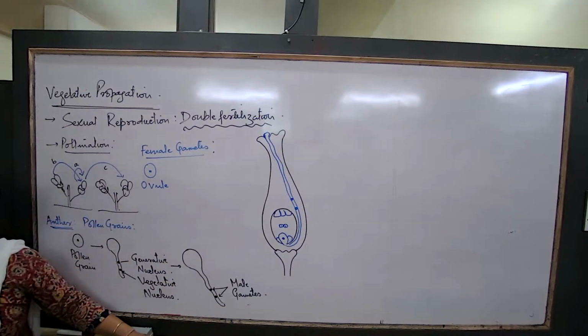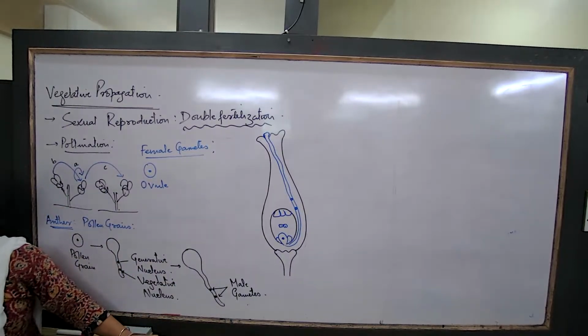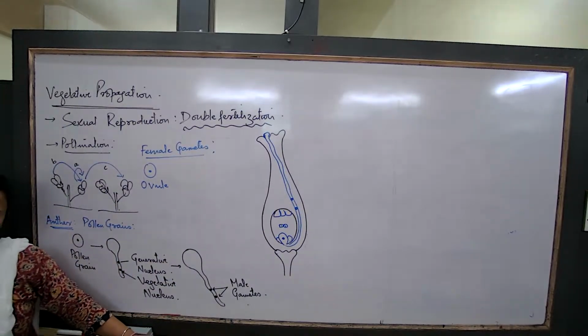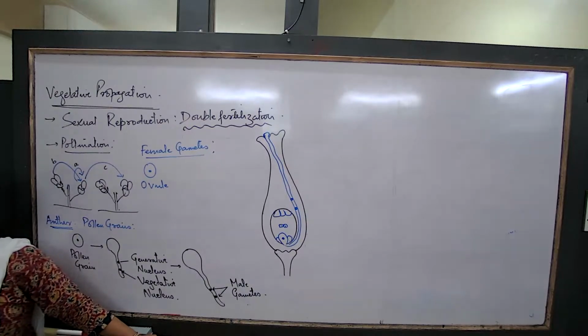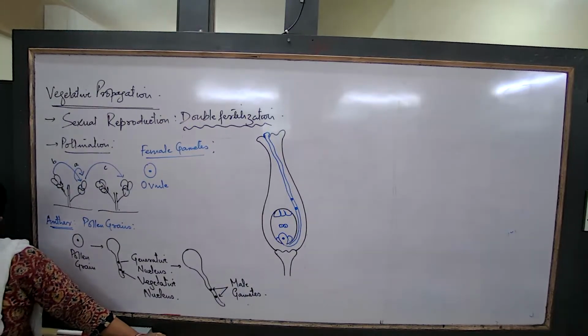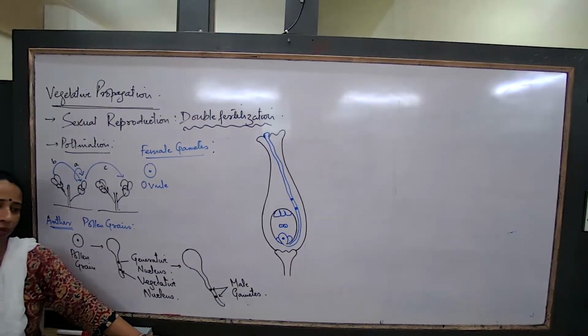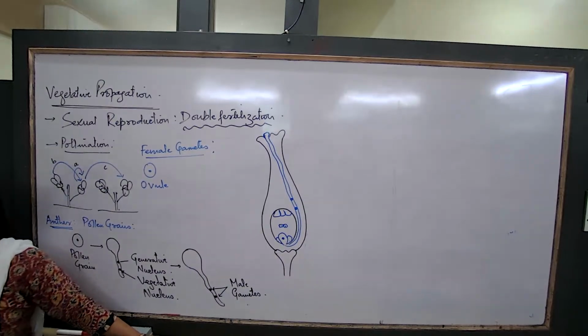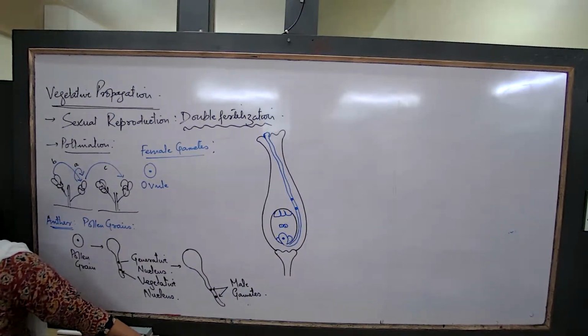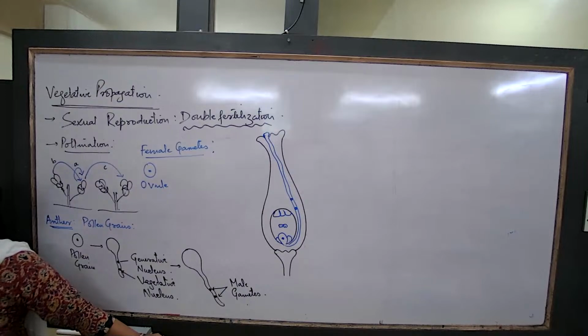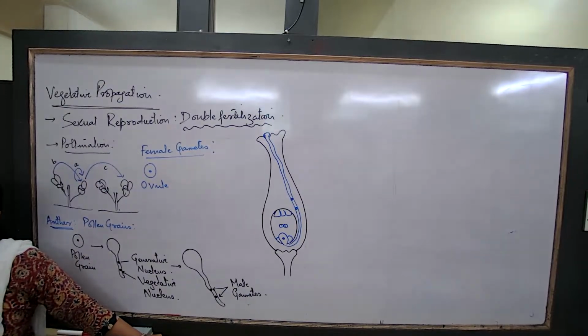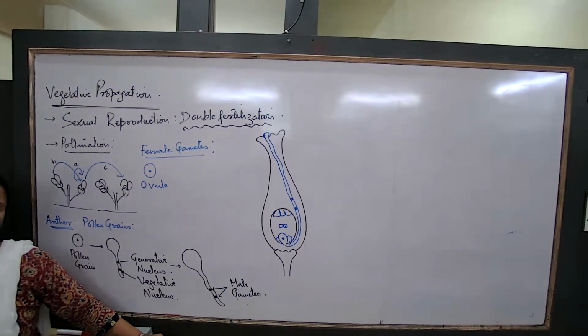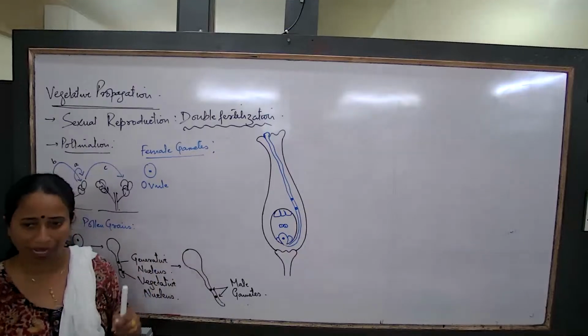Is it that every ovary has only one ovule? No. The ovary may have 6 ovules also, 20 also, multiple also. Now see, if I talk about certain fruits, we get to see many seeds. Many seeds, what impression? The impression is that this particular flower must be having many ovules. At the same time, in certain fruits we come across only one seed.